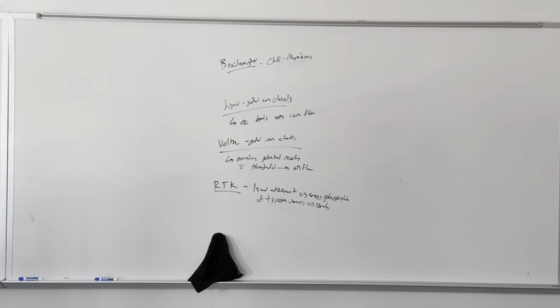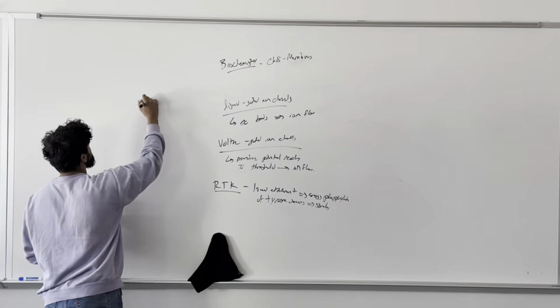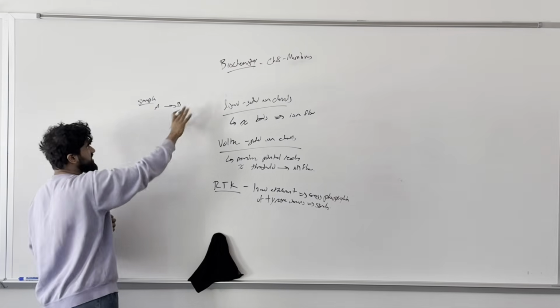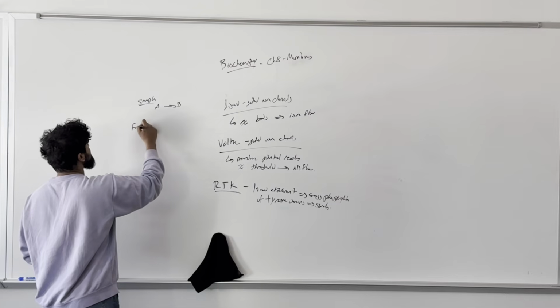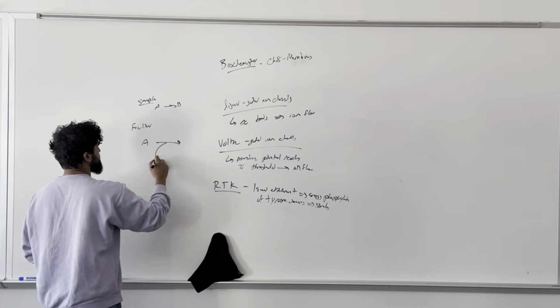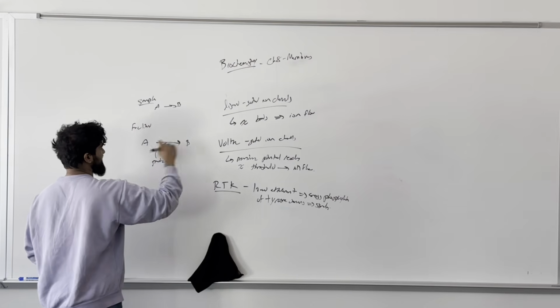So they open or close depending on how much of the thing you want to let in. So if we're looking at the differences here, we have something like simple diffusion. A leads to B. This goes from here to here. Facilitated diffusion means that A wants to go here, but it needs something to help. And then it goes to B.